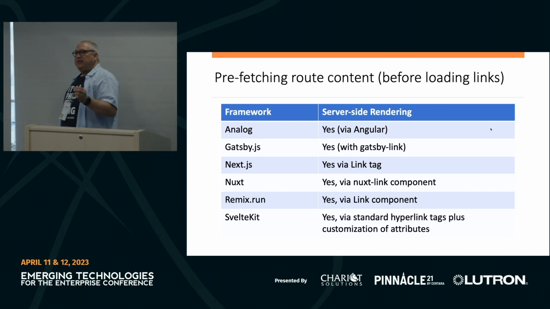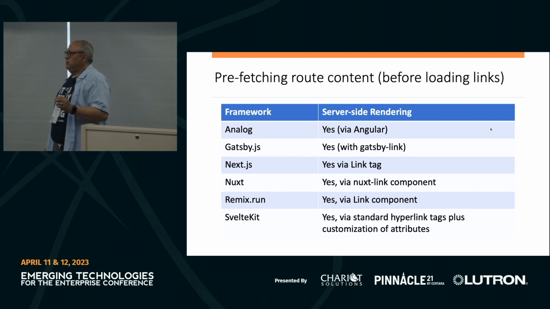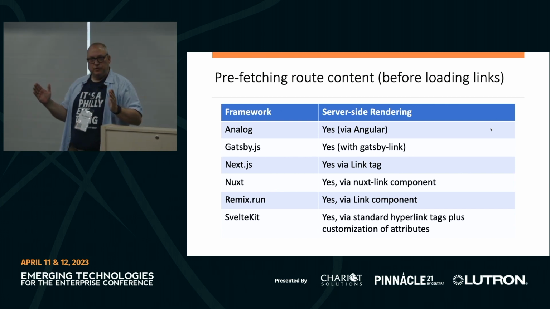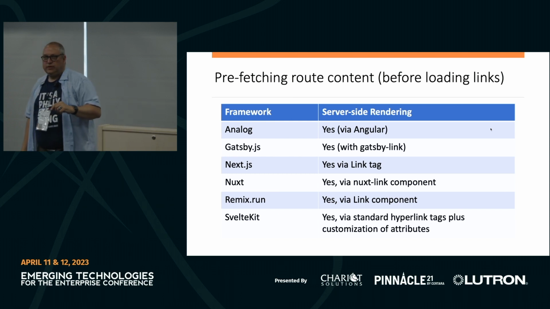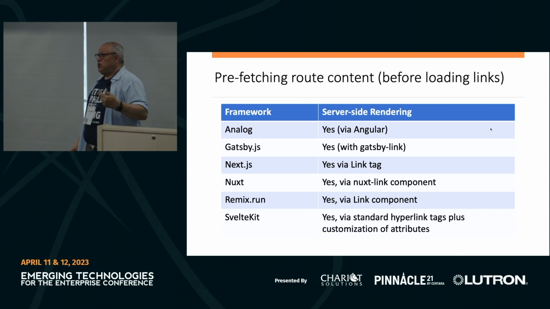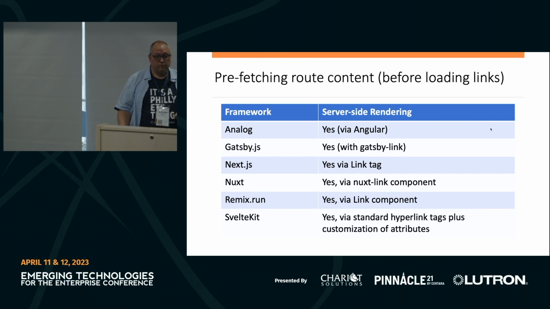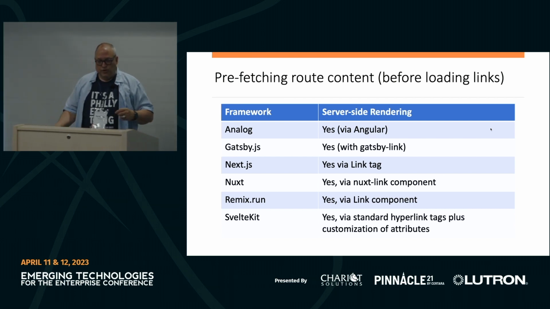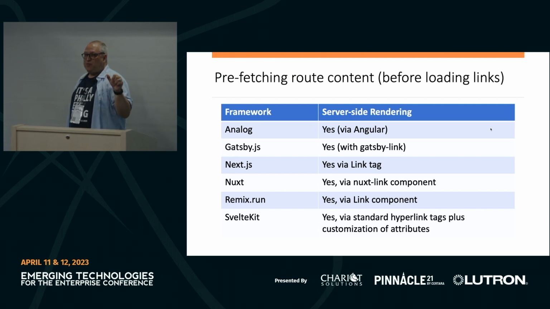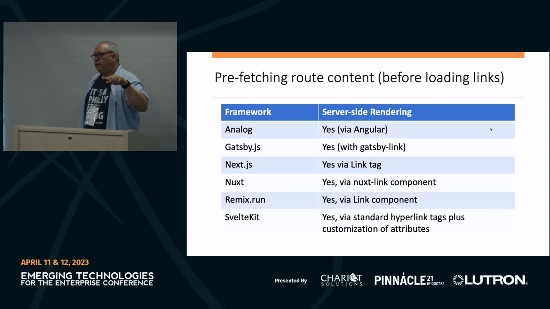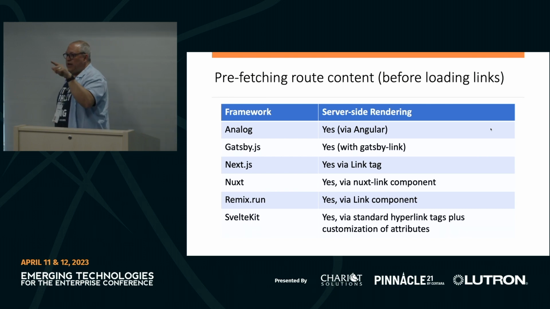Another feature that a lot of these have is prefetching. The idea being you go to your first route, and now you've got other places to go, your menuing system or what have you. How aggressively should we start preloading these links? Taking an example like Next.js, they provide their own link tag in the Next library that wraps their routing and their navigation.